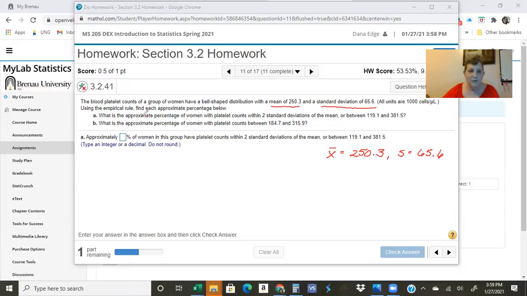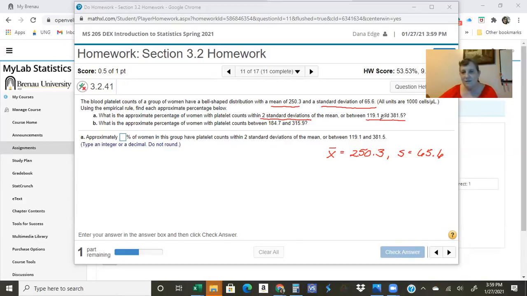Using the empirical rule, find each approximate percentage below. What is the approximate percentage of women with platelet counts within 2 standard deviations, or between 19.1 and 381.5?